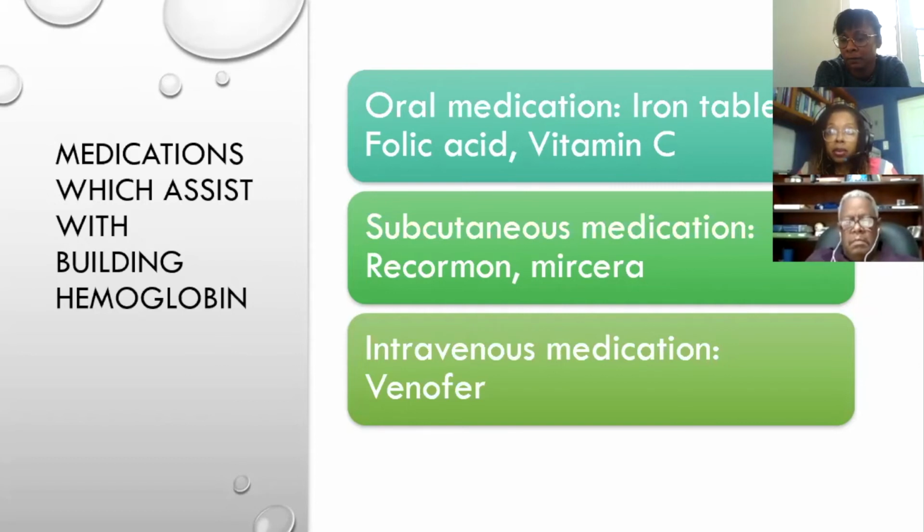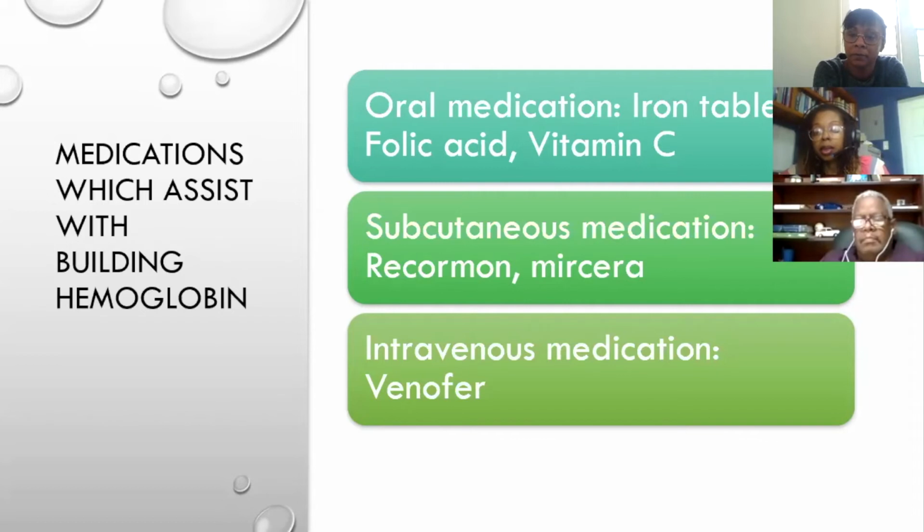Again, my apologies for persons outside of Barbados, but I've mentioned the names that we have here. Other names that I can recall are things like Epogen, that you may see, Ferlicit. Sometimes you may see other names for these IV and subcutaneous medications, but they all pretty much work in the same way. So your Recormin and Mircera actually go to stimulate.